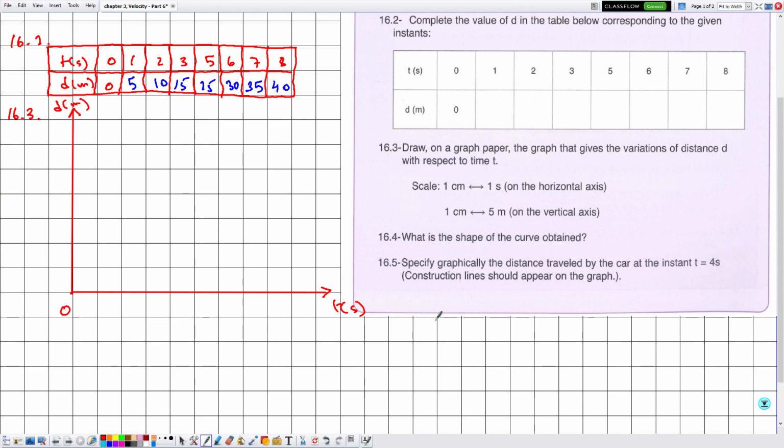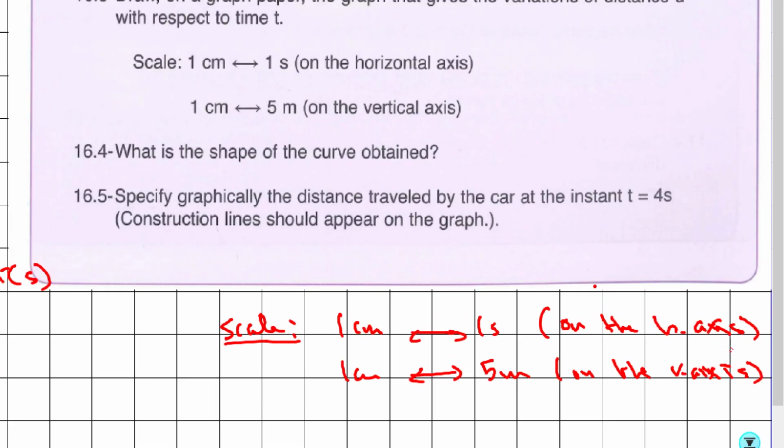Now let me write the scale here. The scale is given by 1 centimeter corresponding to 1 second on the horizontal axis, and 1 centimeter corresponding to 5 meters on the vertical axis. On the horizontal axis, for each 1 centimeter, we will add 1 second.